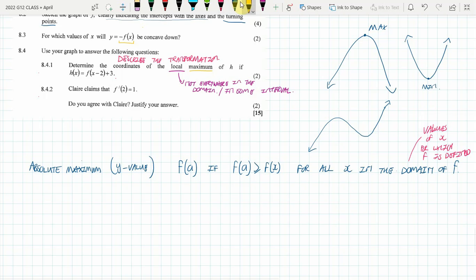Sometimes they don't use local maximum, they say relative maximum.